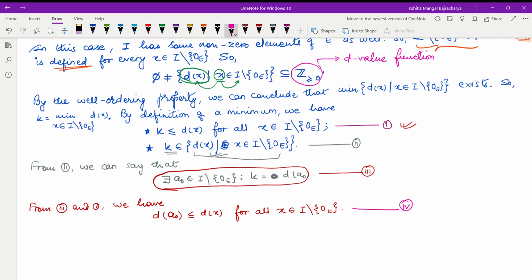Statement 4 is going to be a crucial part of this proof, as we shall see.